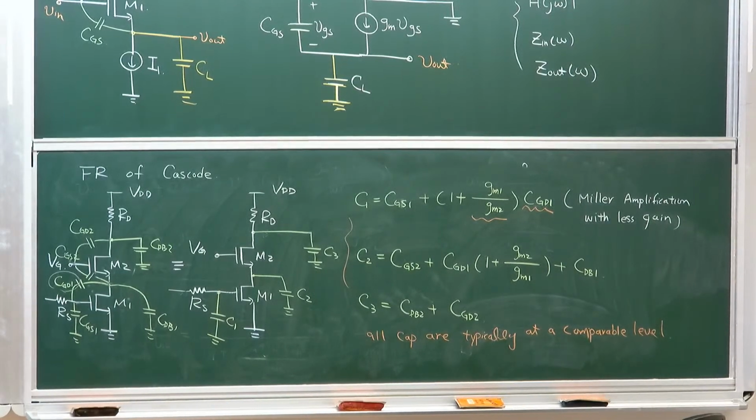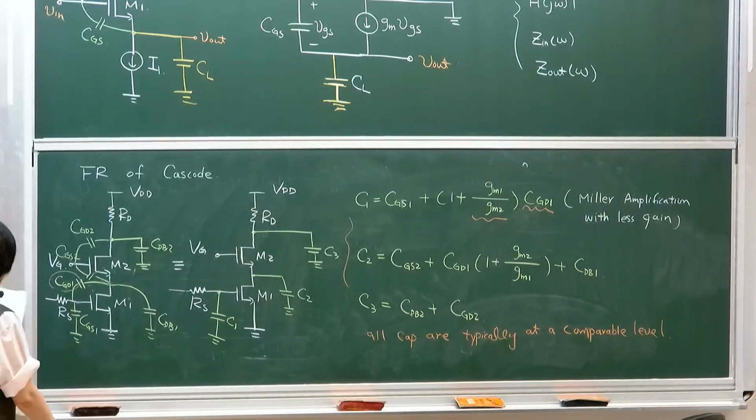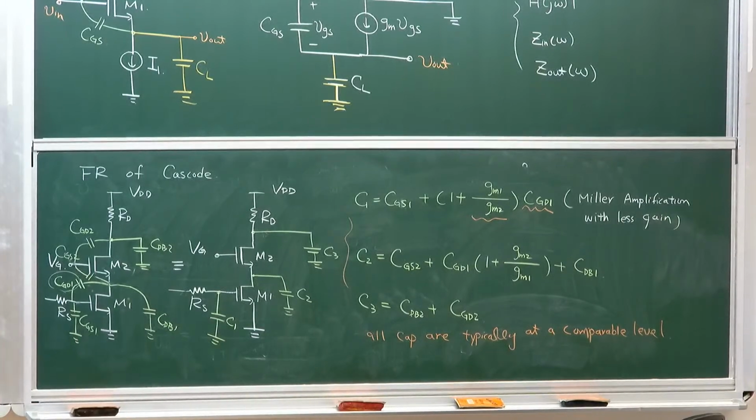Therefore, you then have a wider bandwidth in most cases. Let me highlight the resistance of each node before we go.